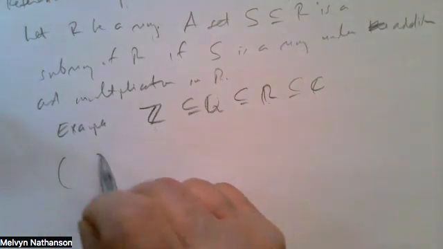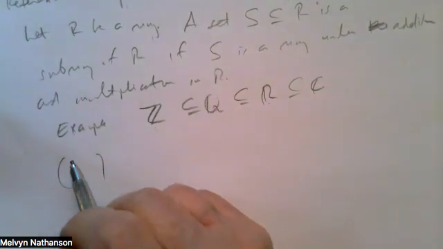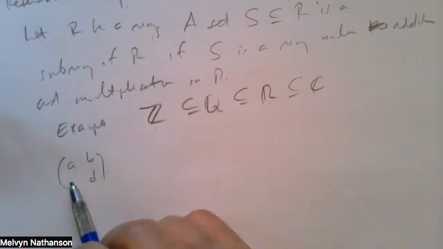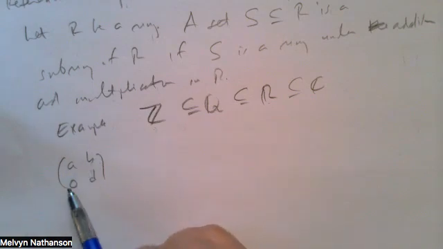We saw that if you take a 2 by 2 matrix A, B, C, D, but D is 0, so you look at all matrices where this coordinate in the lower left-hand corner is 0.